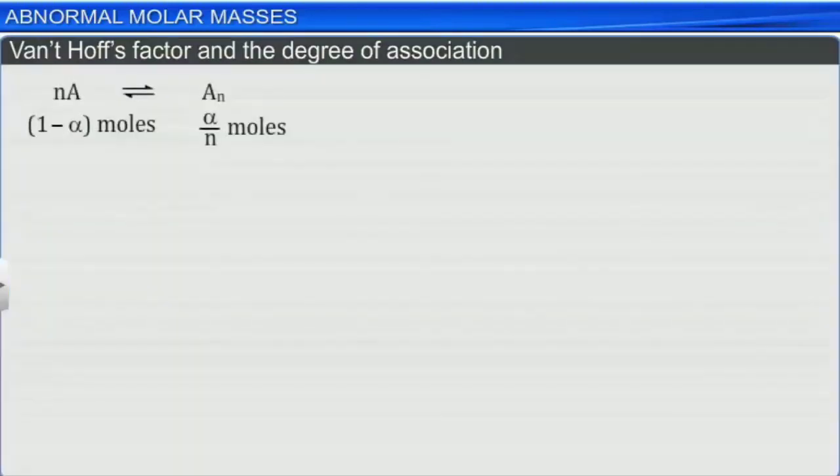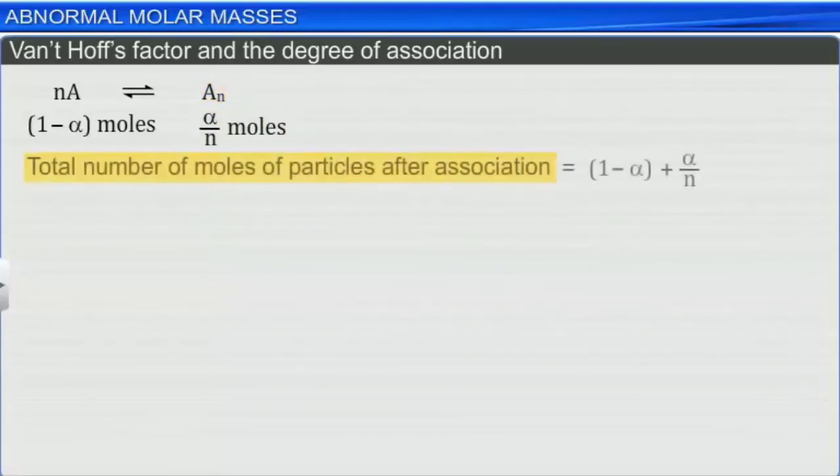If alpha is the degree of association of the solute, then at equilibrium, 1 minus alpha moles of A are left in unassociated form, while alpha divided by n moles of An are present in associated form. Therefore, the total number of moles of particles after association is equal to 1 minus alpha plus alpha divided by n. If there is no association, then the number of particles is equal to 1.